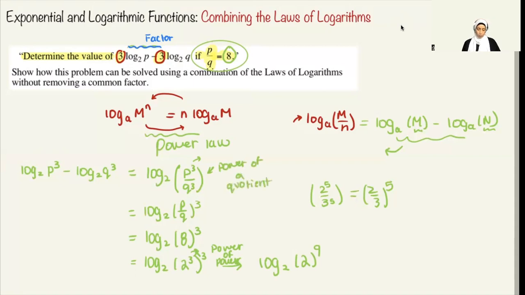All right. And so now I'm going to show you this cool trick where if you ever have something like this, log base A of A, well, this is just equal to 1, right? And let me tell you why.